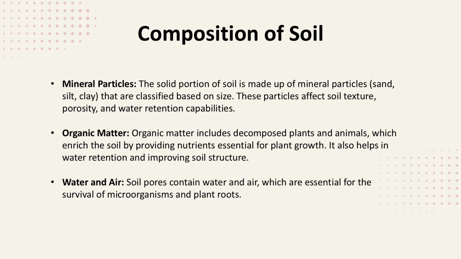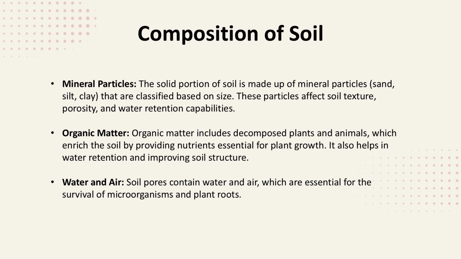Soil is a natural body consisting of layers primarily composed of mineral particles. The solid portion of soil is made up of mineral particles such as sand, silt, or clay that are classified based on size. These particles affect soil texture, porosity, and water retention capabilities. Organic matter includes decomposed plants and animals, which enrich the soil by providing nutrients essential for plant growth.